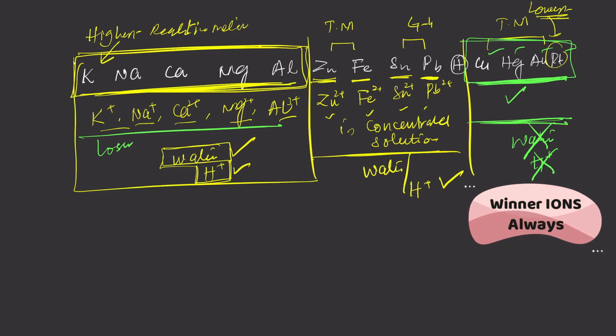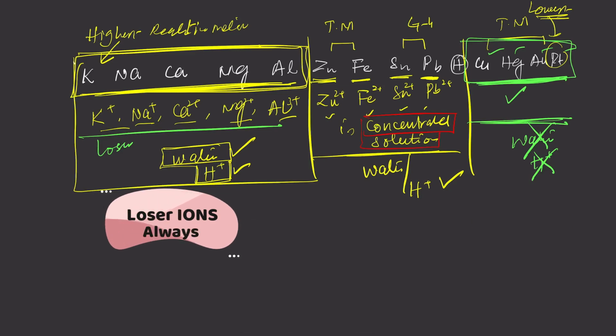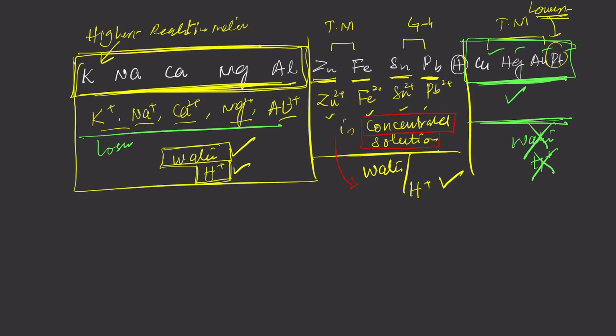And the middle compartment will be the winner when they are in high concentration. If the solution is dilute, once again the winner will be H2O. Now come towards a simple example: we are going to electrolyze the concentrated solution of zinc sulfate.